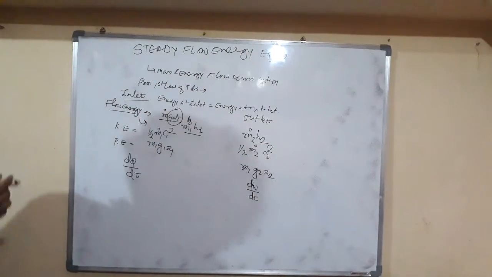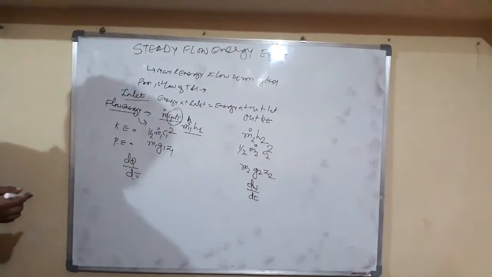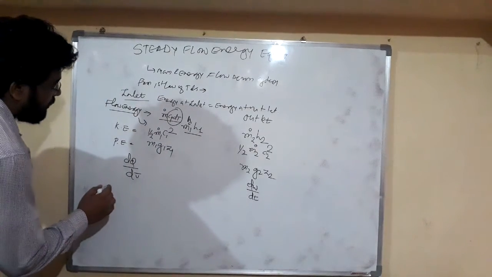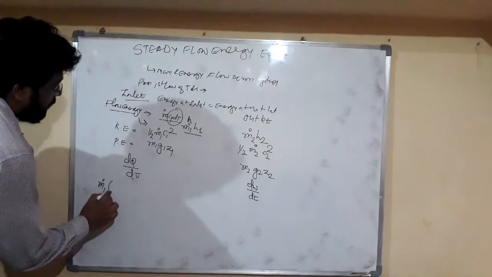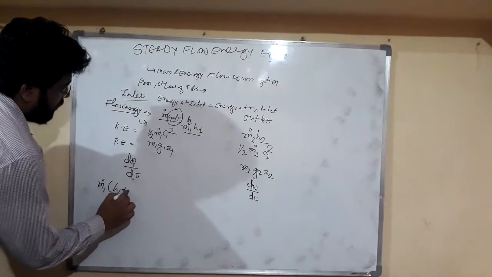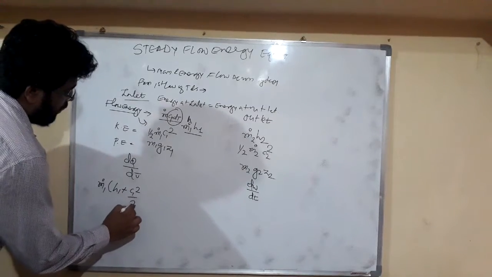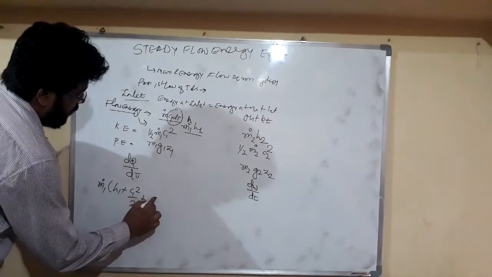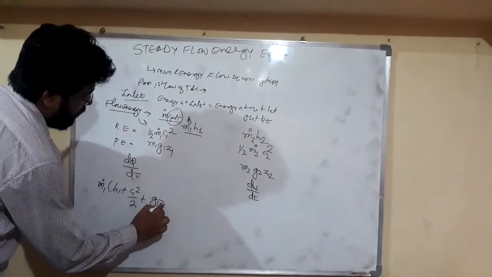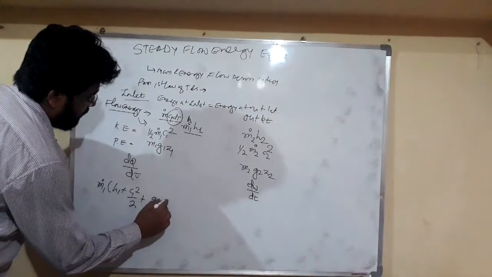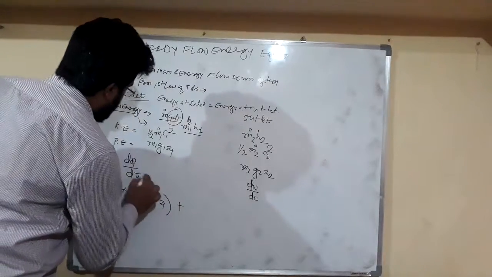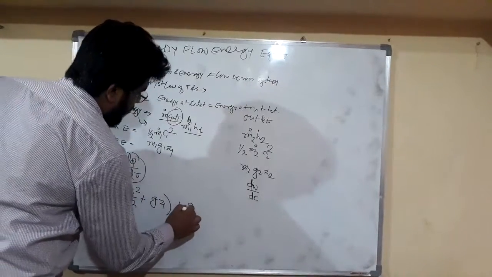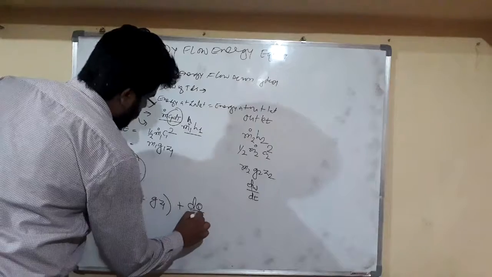So friends, by the first law of thermodynamics, total energy at inlet is m1 (h1 plus C1 square upon 2 plus g Z1), as m1 is constant, friends, and g is constant. And we are also considering transfer of heat at inlet, dQ upon d tau.